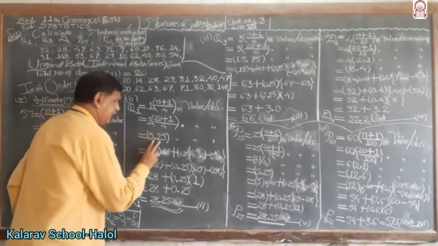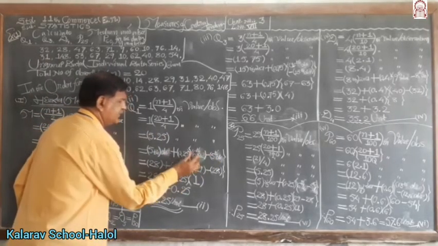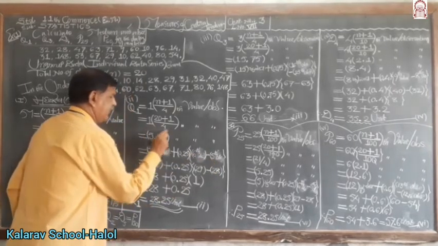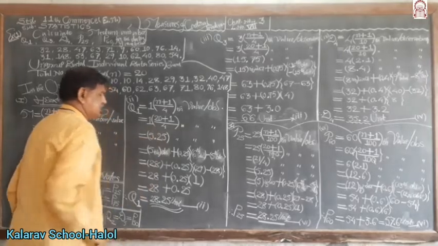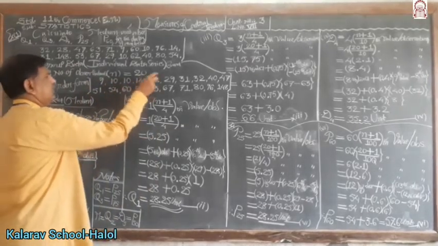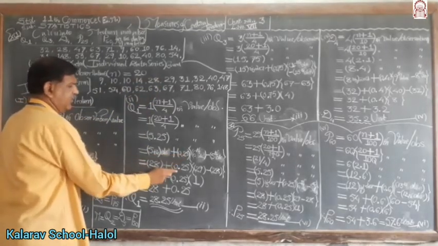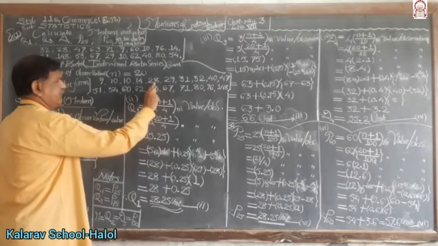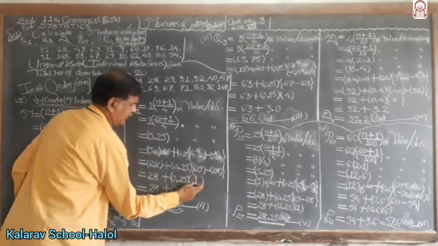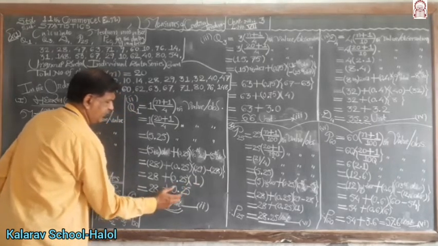This 5.25 lies between 5 and 6. Therefore, sixth observation minus fifth observation. Now fifth value is 28, we should write 28, plus 0.25 times sixth value minus fifth value. 29 minus 28, the difference of these two numbers is 1. 1 multiplied by any quantity gives the number itself, 0.25.